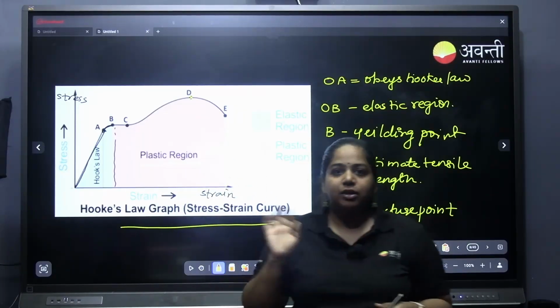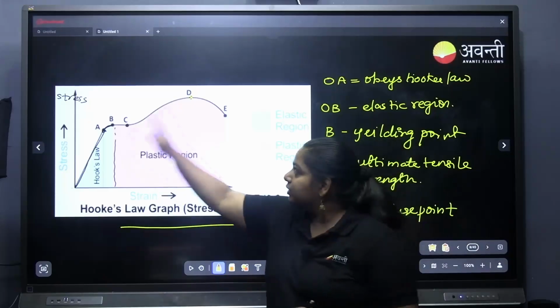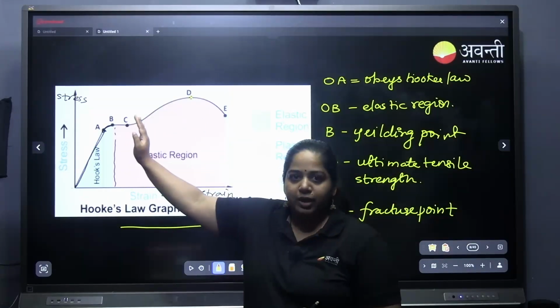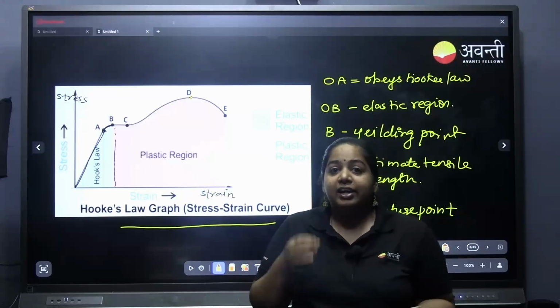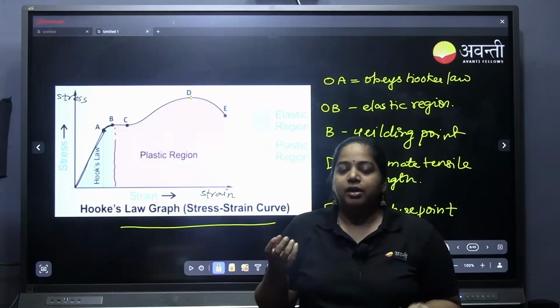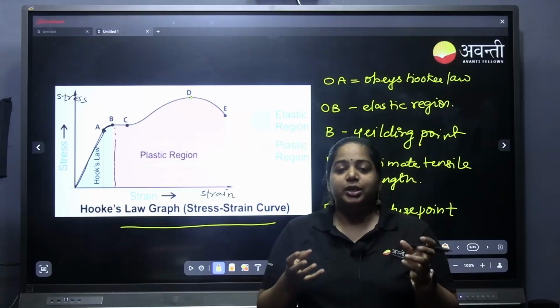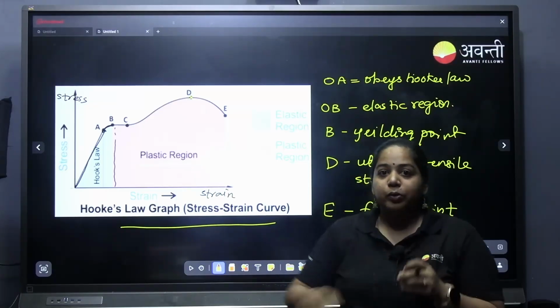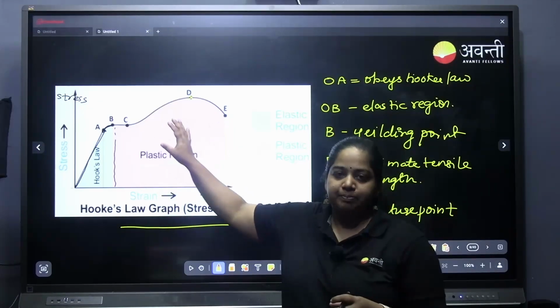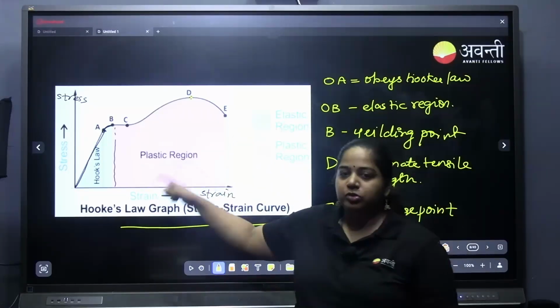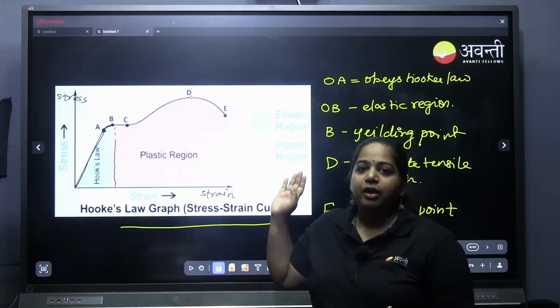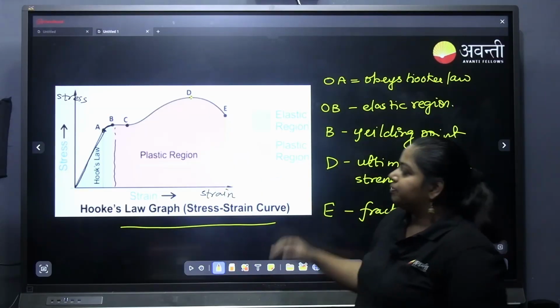It means brittle objects, where this region will be very, very small. After their elastic limit they will suddenly break, like glass. They are very brittle because they don't have much plastic region. They will break fast after the elastic limit. Such objects are called brittle objects.